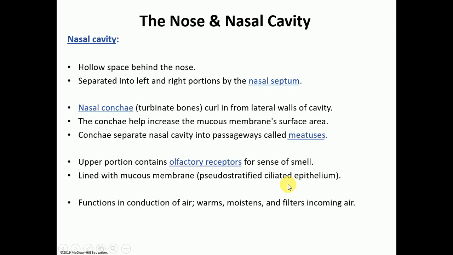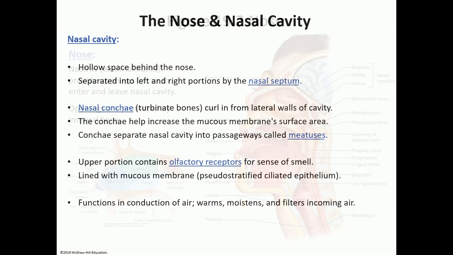It's ciliated, and that cilia is going to help in getting rid of foreign bodies, again, trying to get into the body. And the nasal cavity functions, as we mentioned, to warm up and moisten and filter all of the incoming air.